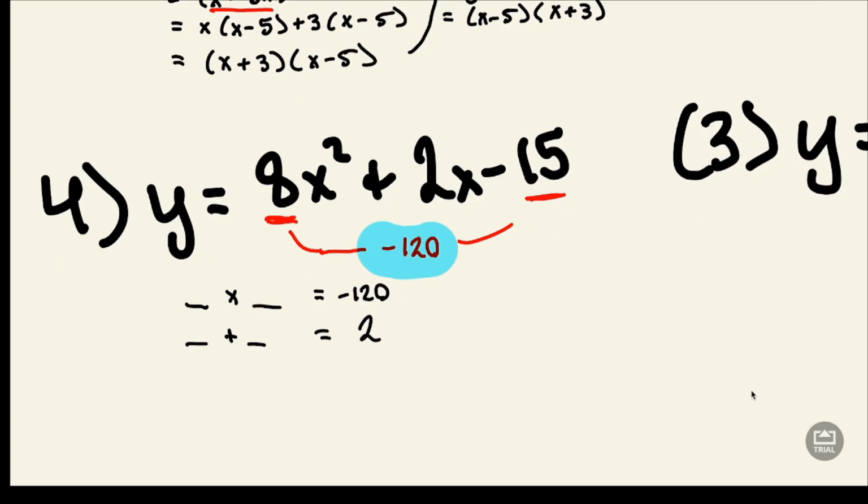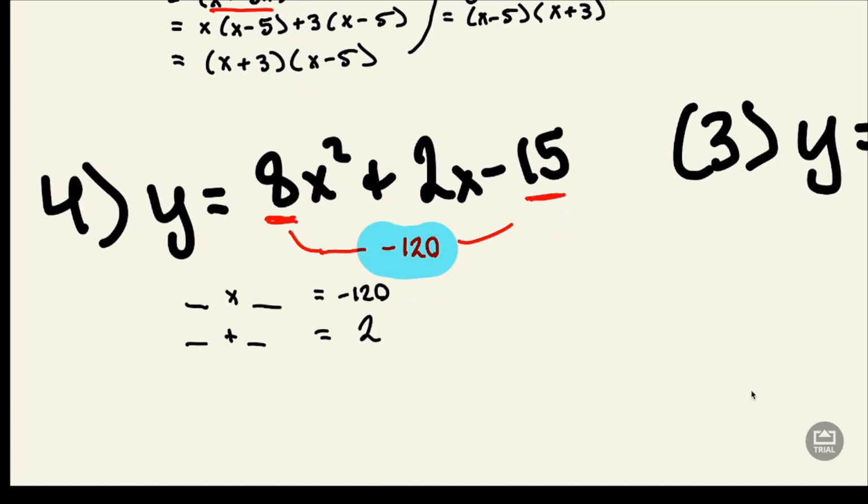Negative 120 divided by 10. Oh, my bad, negative 120 divided by 10 gives us negative 12. Just a lucky guess, I picked 10. You could pick 5, but it has to fit the criteria: the two numbers add to 2 but multiply to negative 120. So if I pick 10 and negative 12, right?